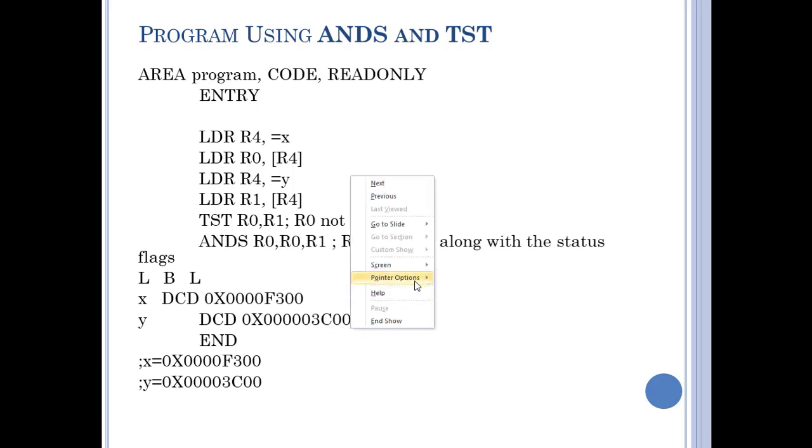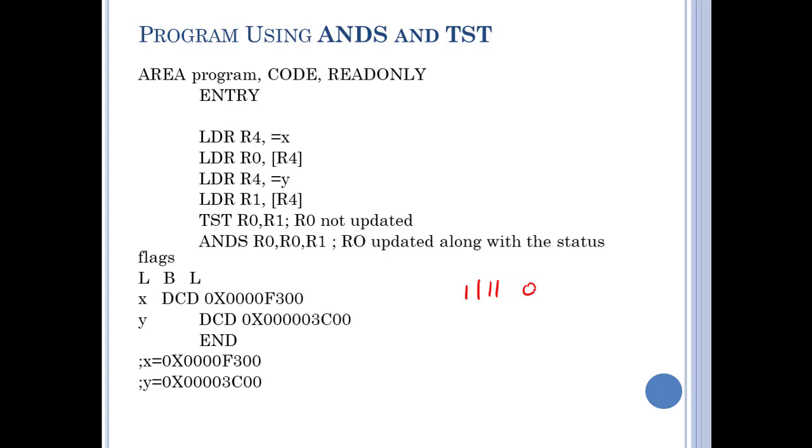That is equivalent to the AND operation. 3 is 0011, C is 1100.